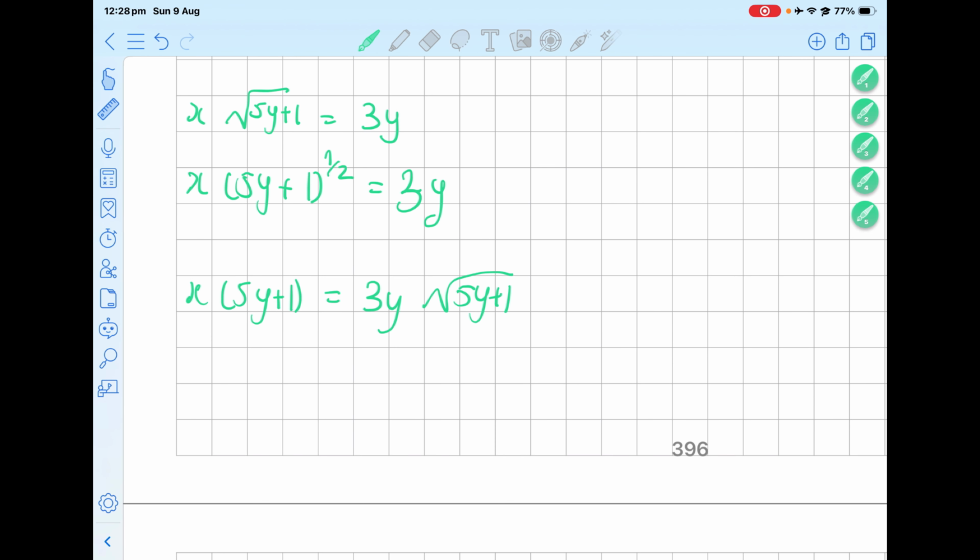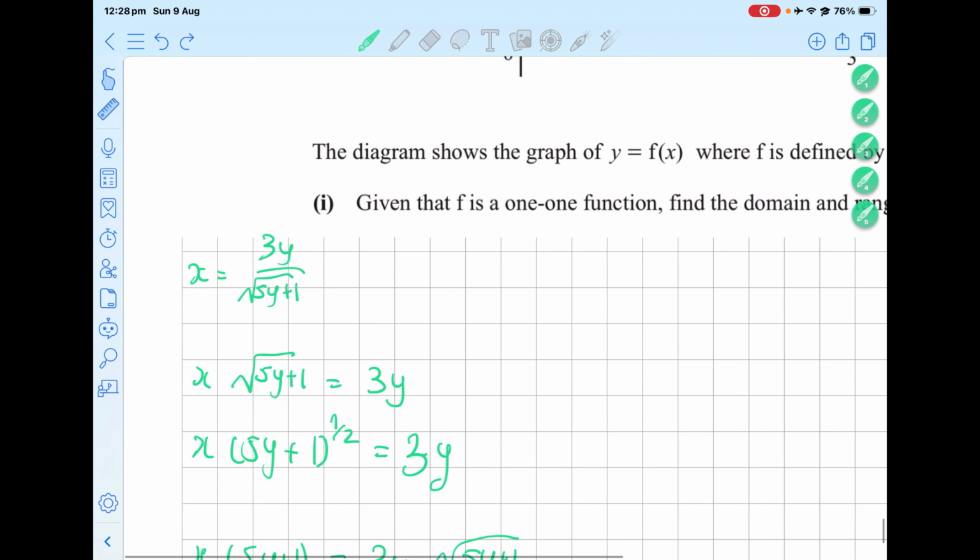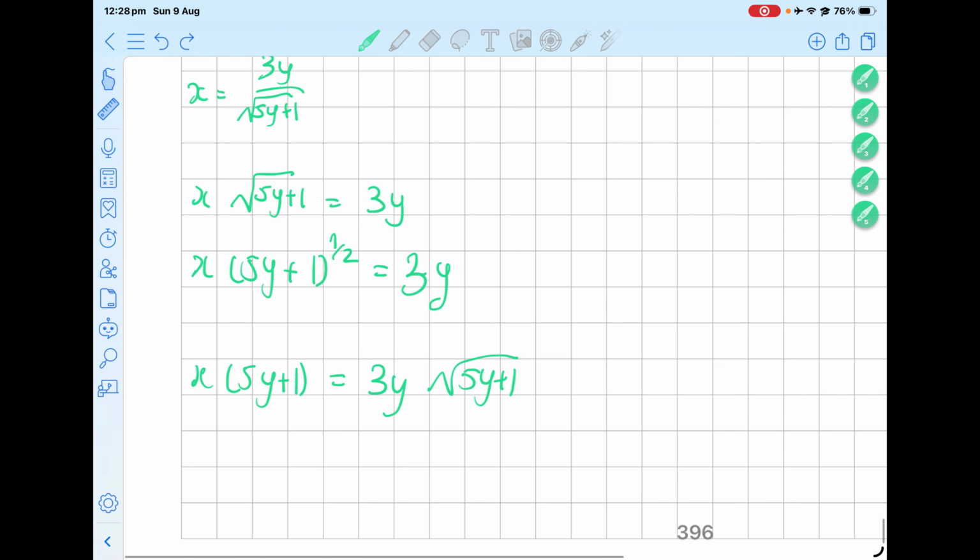So maybe I have an idea. What if we say that, going back to over here, x I could say is 3y times (5y plus 1) to the power of minus half.